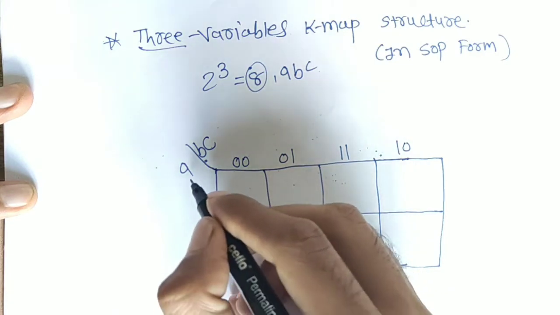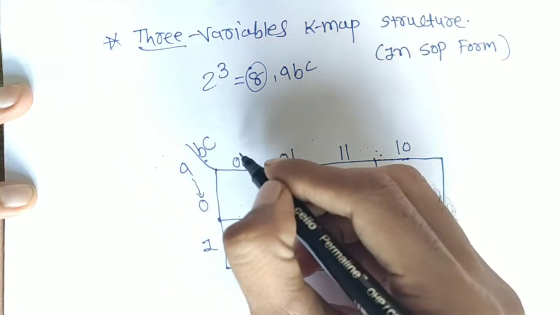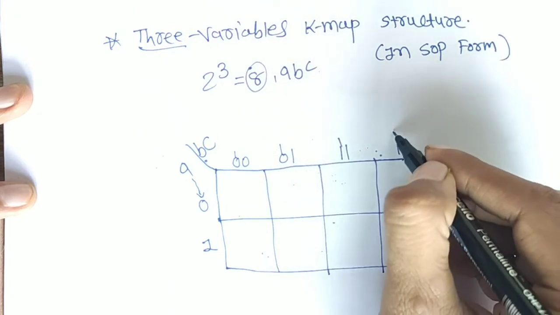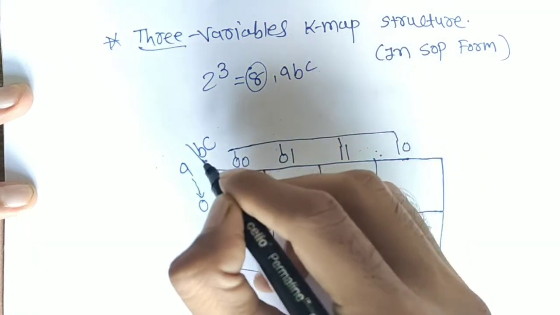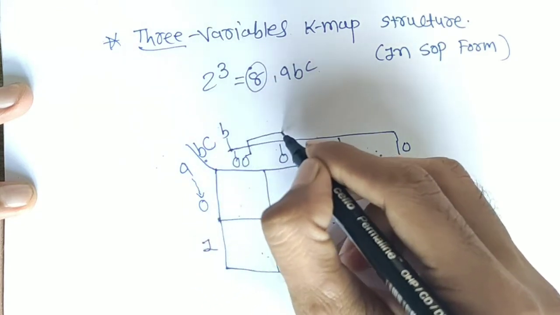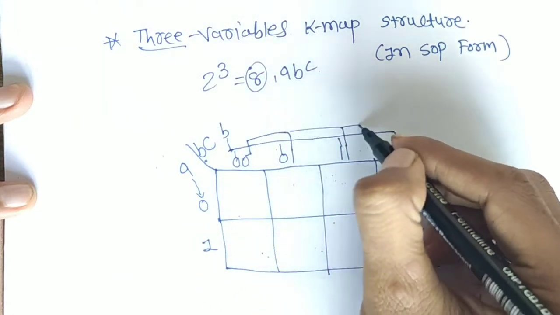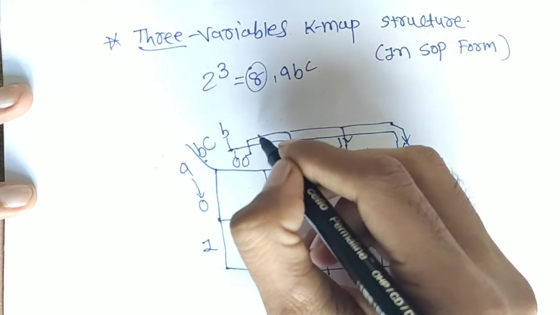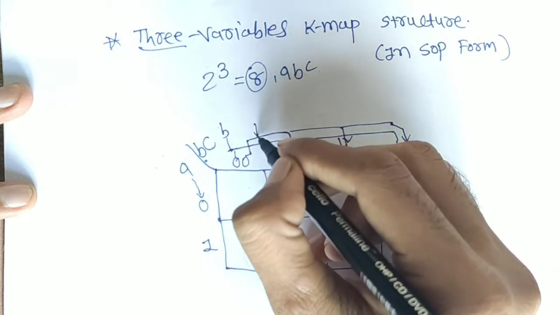This value indicates the value of A. Here the first digit indicates the value of variable B, and the second digit indicates the value of variable C.